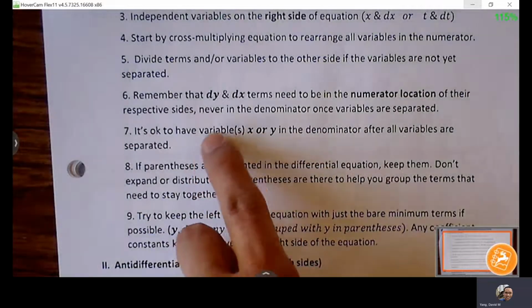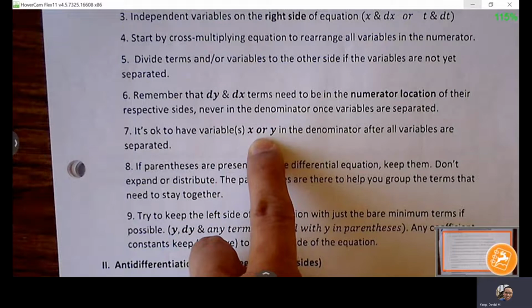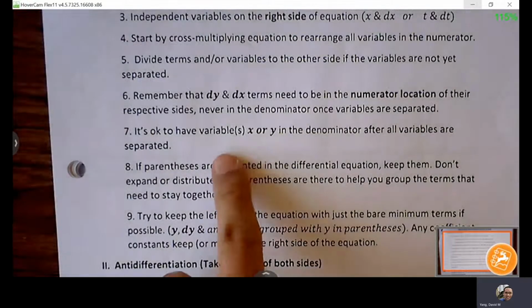So hopefully after you do enough problems, you'll algebraically trust that process, and wherever it ends up is where it needs to be when you take the antiderivative. Sometimes it could be the numerator, sometimes it's in the denominator, but let the algebraic steps lead you to it. Don't just assume whether it's one way or the other.